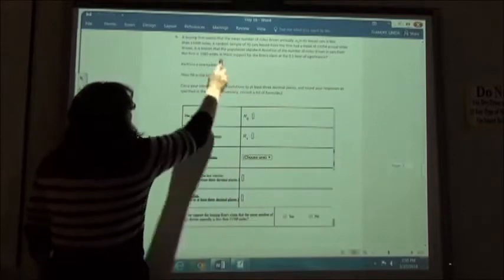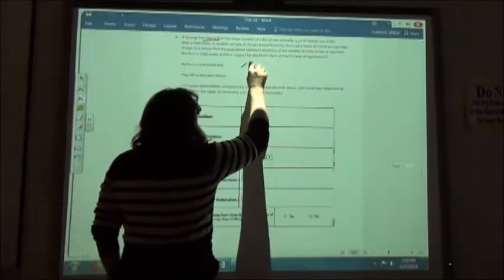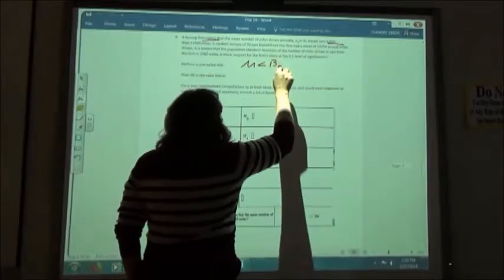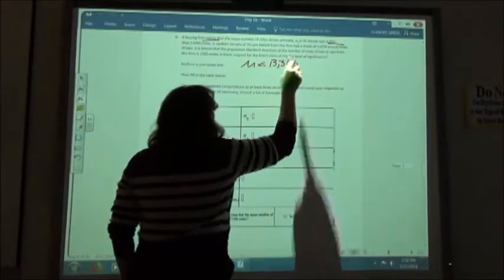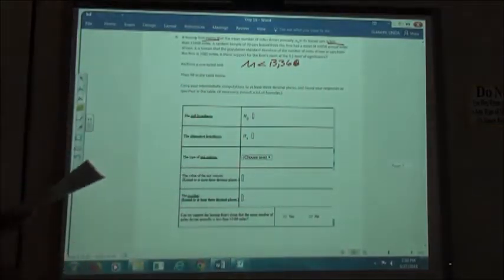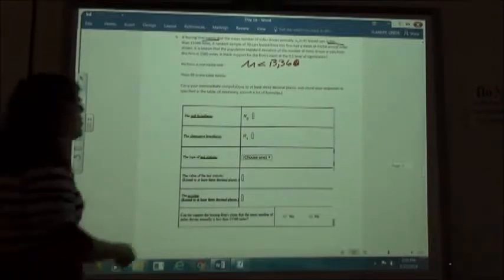So their claim is that the mean is less than 13,360. That's their claim. Since that doesn't have an equal to, that's the alternate. The null always has the equal to.